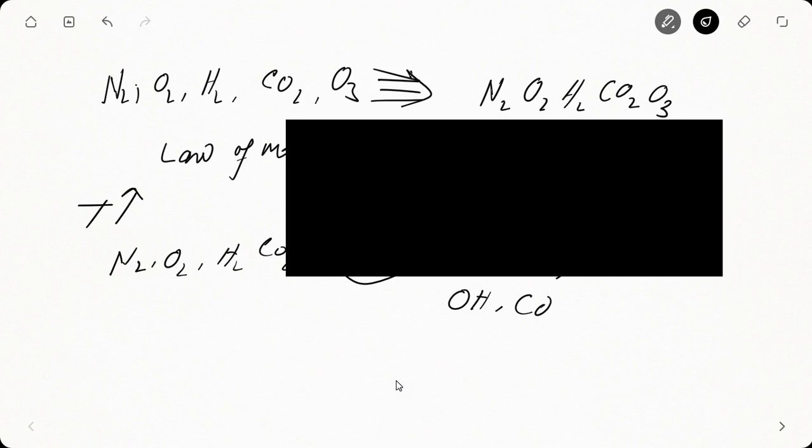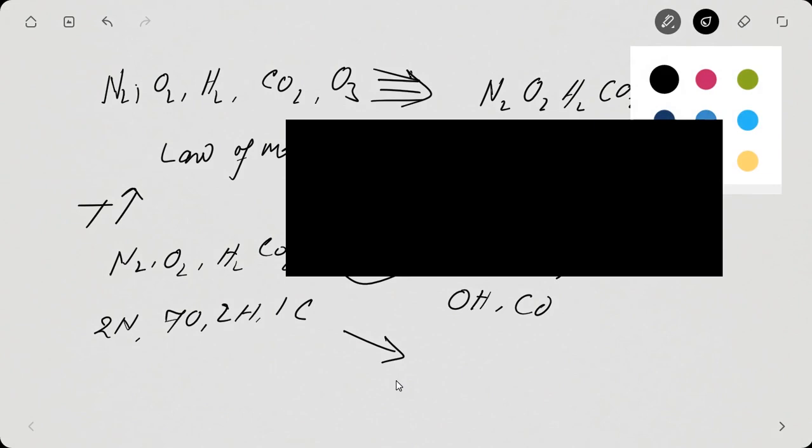So we just concentrate on what is actually going in: 2 nitrogen atoms, and 2 plus 2 plus 3, 7 oxygen atoms, 2 hydrogen atoms, and 1 carbon atom. So this is going in. We now try to concentrate on the fact that these things which are going in must come out.